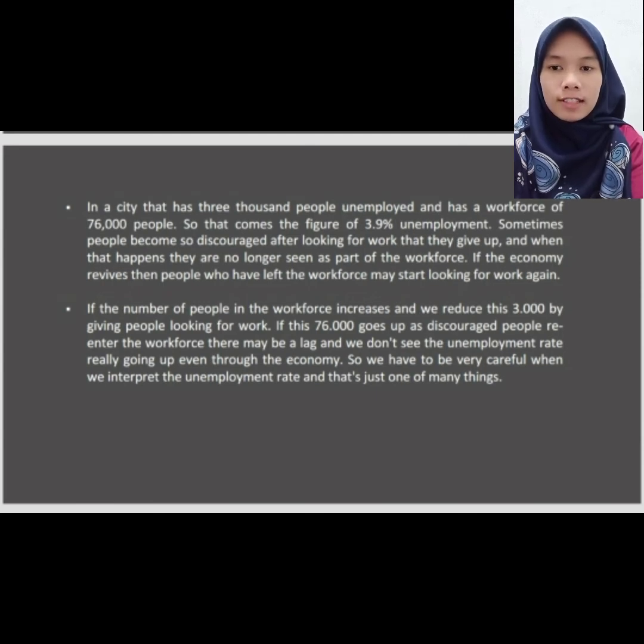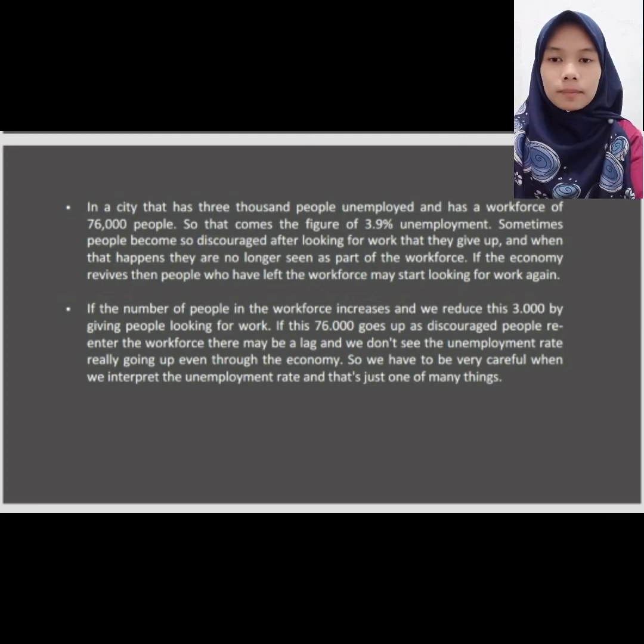Nobody who's ill or infirm or sick is considered part of the labor force even though they are not working. In a city that has 3,000 people unemployed and a workforce of 76,000 people, that comes to the figure of 3.9% unemployment.